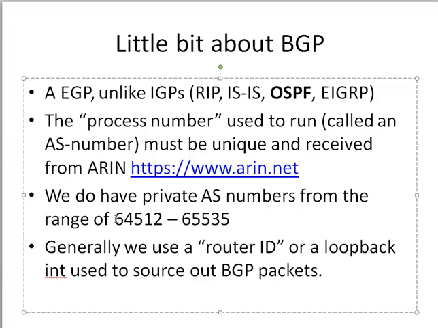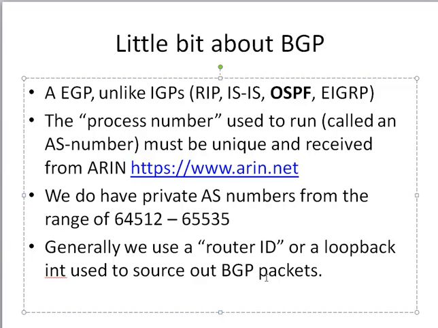These are the number ranges you can use internally if you're running a full-blown production BGP environment, or even at your own home. But if you're using GNS3, you can use AS number 1, and since you're not actually connecting to the internet, it's not a big deal. You can still use it.